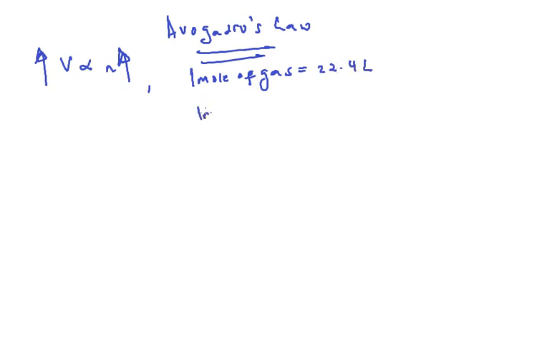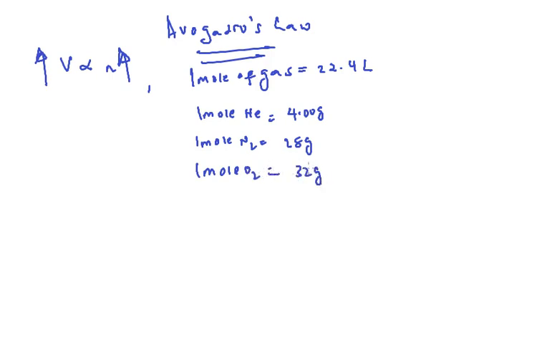In other words, 1 mole of helium may have a different mass, maybe 4.00 grams, or 1 mole of nitrogen would have 28 grams, or 1 mole of oxygen, for example, would have 32 grams. But in terms of volume, at standard temperature and pressure, all of these have 22.4 liters, because all of these are measured as 1 mole. So that's one thing we need to pay attention to.